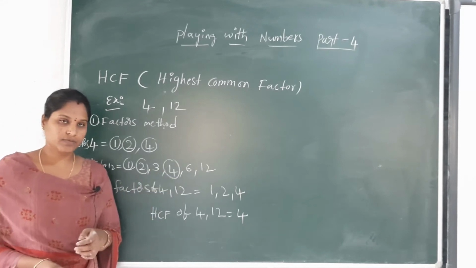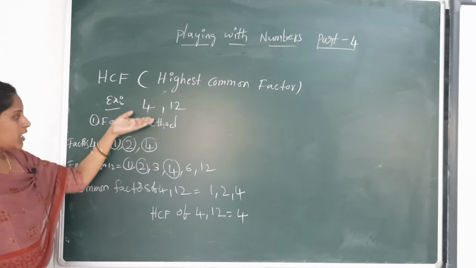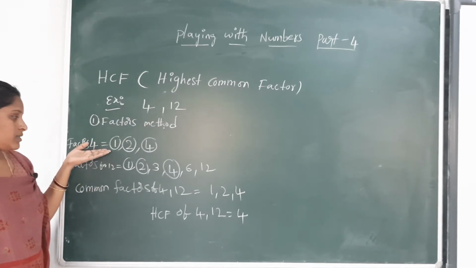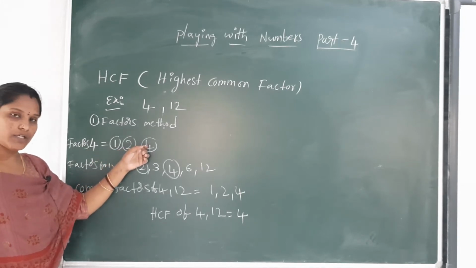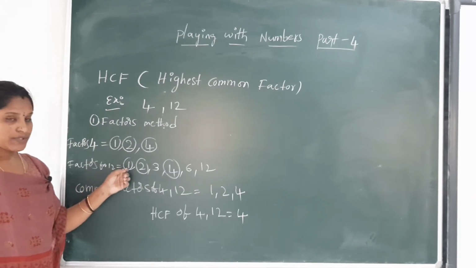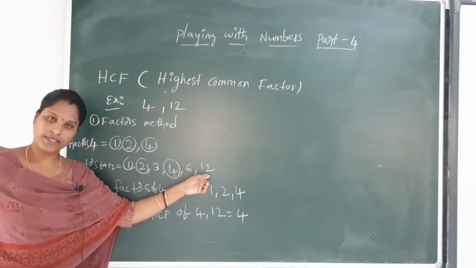This is the factors method. I have taken one example here, 4 and 12. For 4, the factors are 1 table, 2 table, and the 4 table itself. For 12, the factors are 1, 2, 3, 4, 6 and 12 itself.